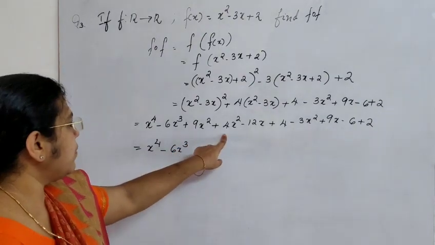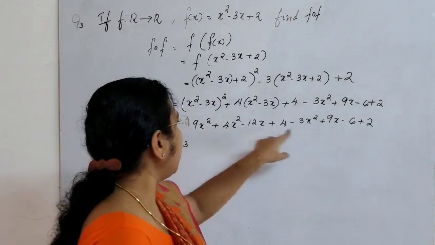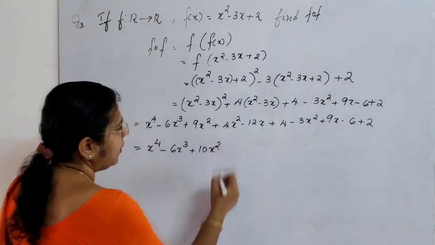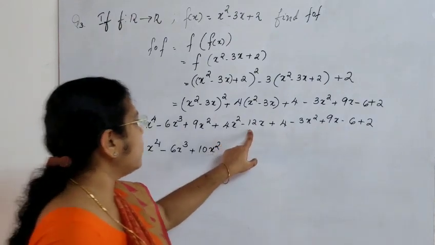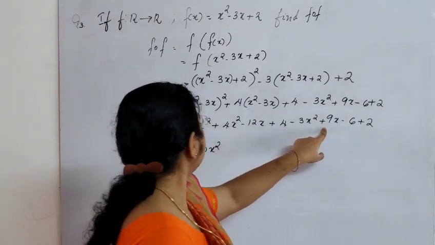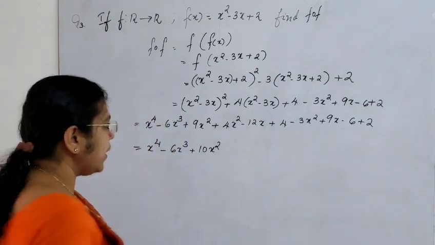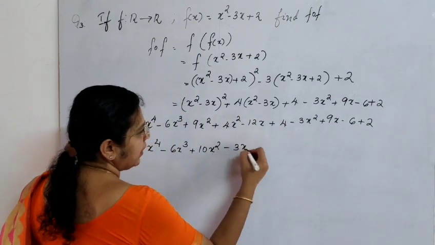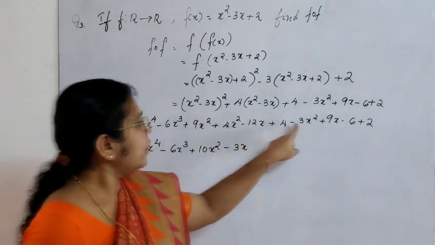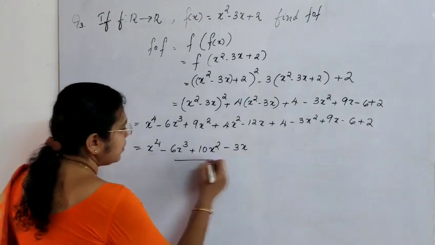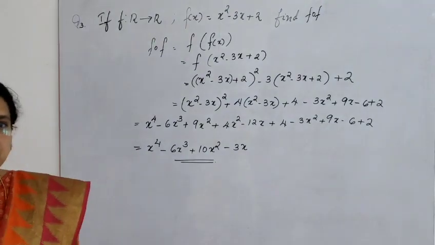Then 9 plus 4 is 13, 13 minus 3 gives me plus 10x square. Then minus 12x plus 9x, any other x? No. So that gives me minus 3x. Then 4 plus 2 is 6, minus 6, that cancels. So this is the final answer that I am getting on simplification.